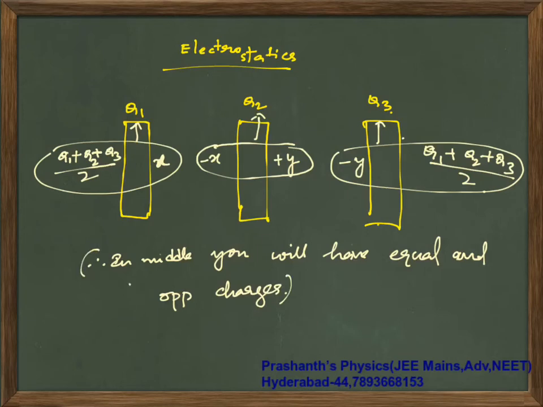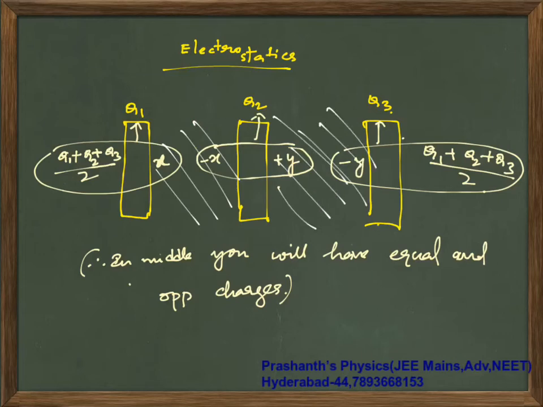Now in the middle if you have equal and opposite charges, this region will form a capacitor, and this region also will form a capacitor configuration. Getting my point? You have two equal and opposite charges and in between you have an insulating medium, because of which you will have a capacitor configuration.